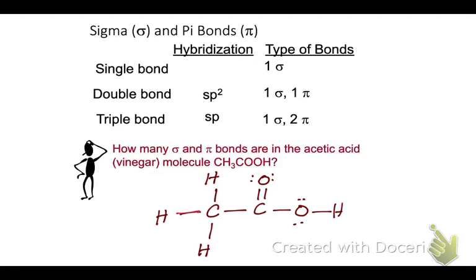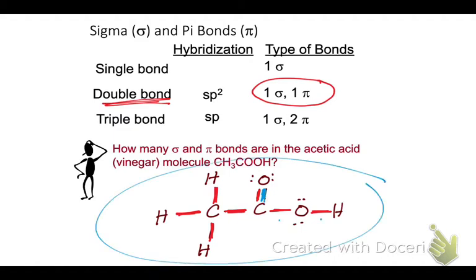Sigma, sigma, sigma, sigma, sigma, and sigma. Every double bond is made of 1 sigma and 1 pi. So this is 1 sigma right here, and the pi I'm going to do in blue, this is 1 pi. Now count them: 1, 2, 3, 4, 5, 6, and 7. 7 sigmas and 1 pi bond.